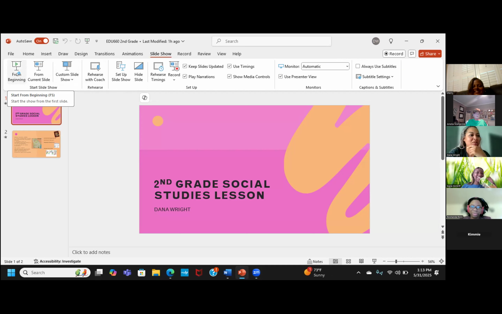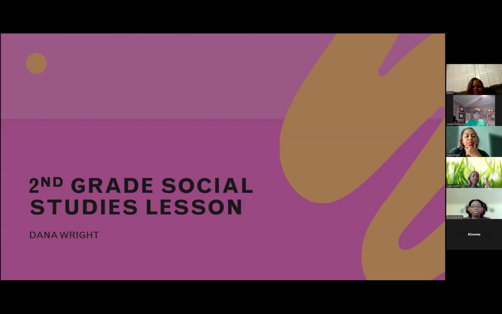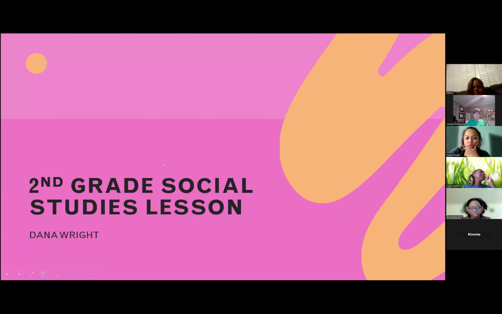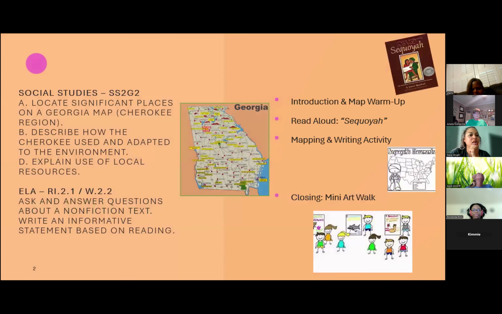Can y'all see my screen? Yeah. Okay. So, second grade social studies. I decided to integrate social studies and ELA. I don't know if y'all caught me and Miss Snellgrove's conversation. So, I added both of my standards.